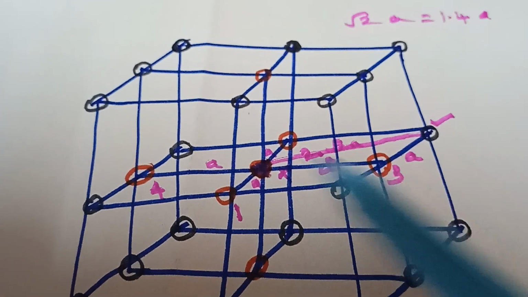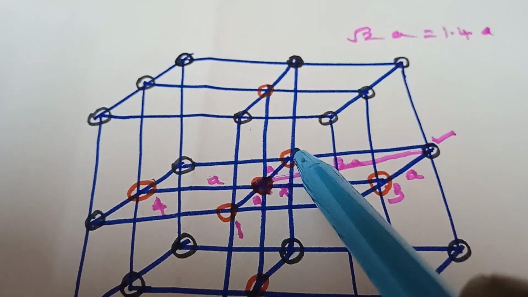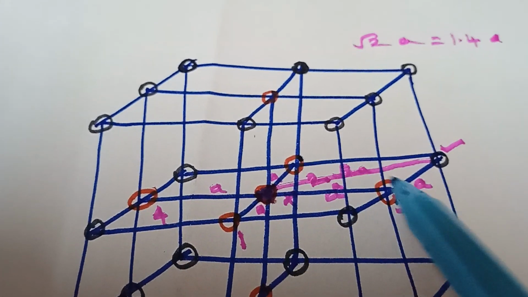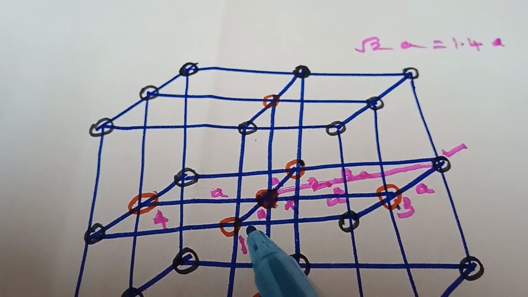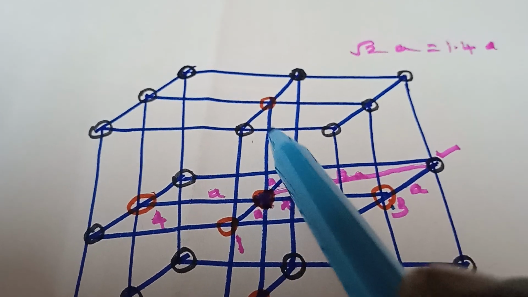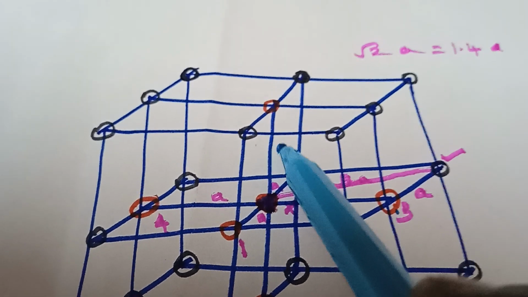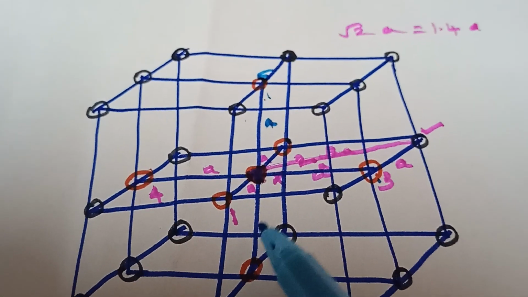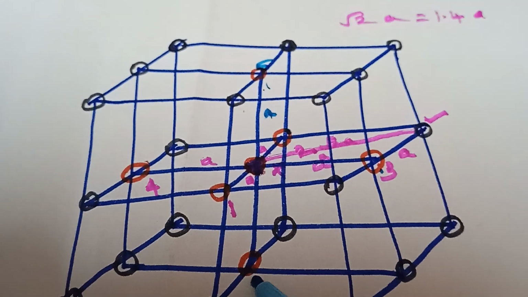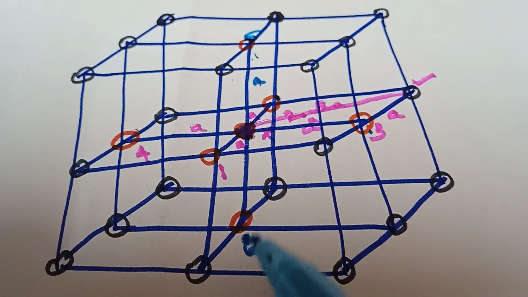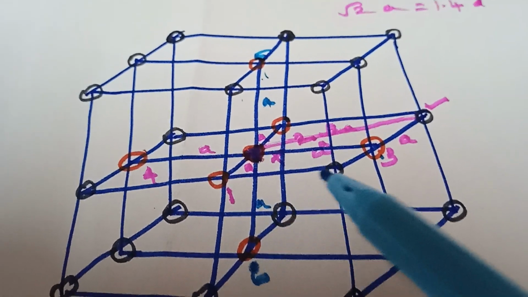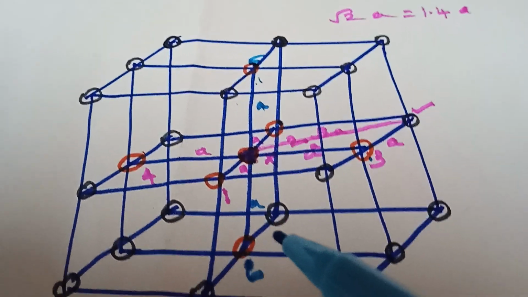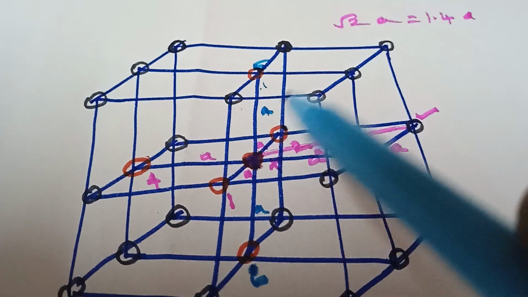For this, all 4 corner atoms 1, 2, 3, 4 are at a distance A, and then in the above stack, atom 5 is also at a distance A. Similarly, in the below stack, atom number 6 is also at a distance A. So the coordination number for simple cubic crystal structure is 6.